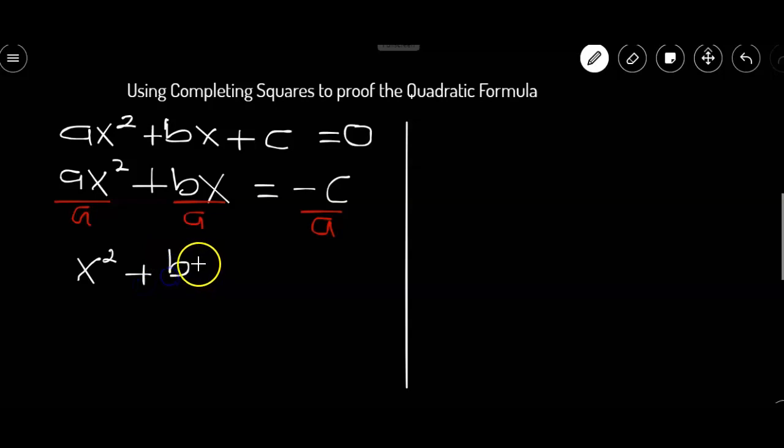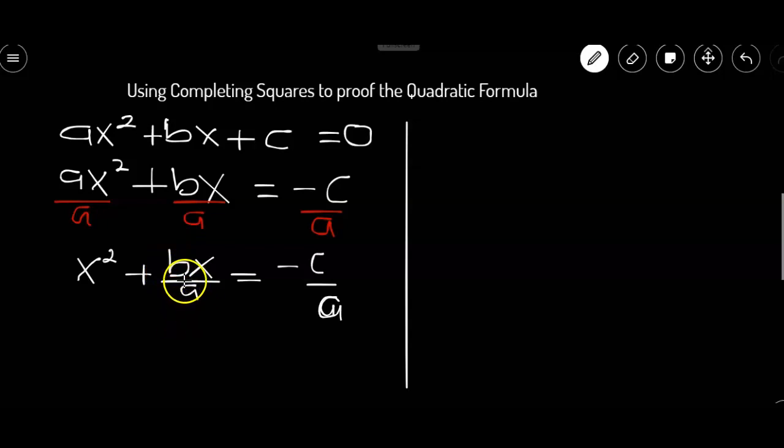plus bx all over a equals negative c over a. Here, we take the coefficient of the x and we divide it by 2.